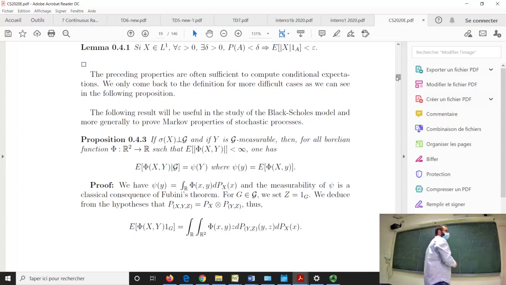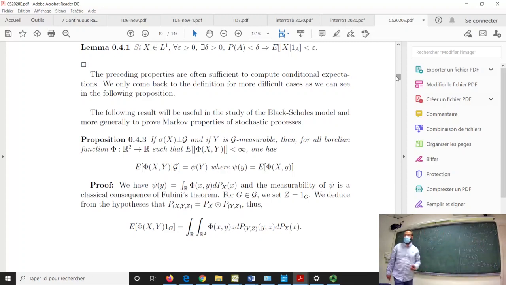And what I obtain is that my conditional expectation will be a function of the measurable part, f of bs, where f, let's write it this way, f of v is equal to the expectation of phi of (bt minus bs, v).